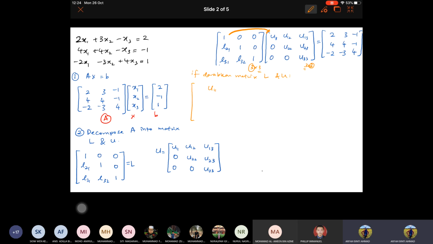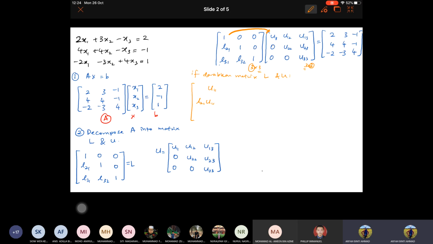Second element L21 darab U11 tambah 1 darab 0 tambah 0 darab 0. That's why kita akan dapat dia punya unknown dekat the second part akan jadi L21 U11.